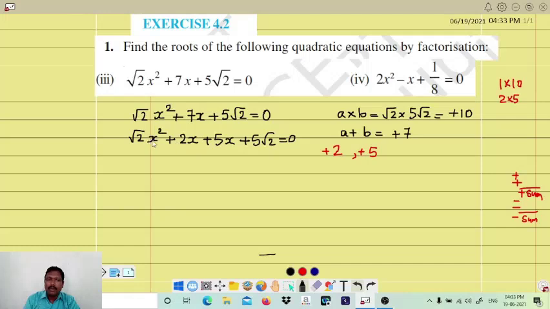But we know 2 we can write as root 2 into root 2. So this we can split again like this: root 2 x squared plus root 2 into root 2x plus 5x plus 5 root 2 is equal to 0.